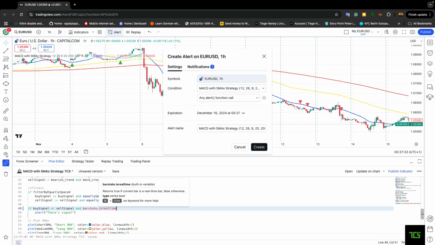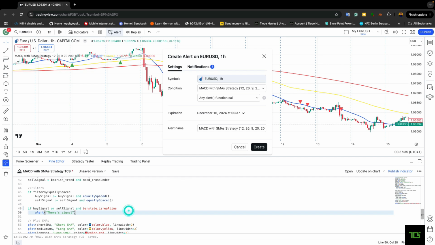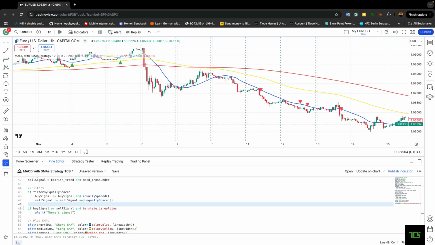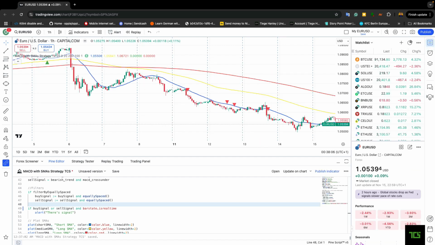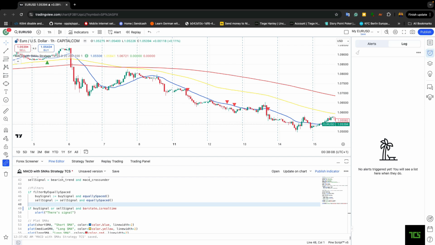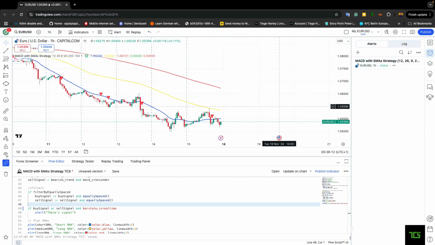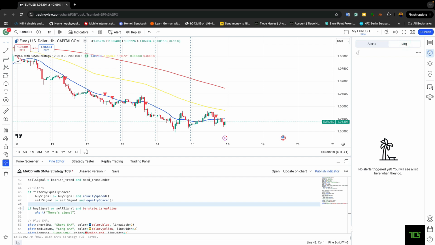We'll probably talk about this later on, but it doesn't really matter for now. The point is the alert can be created from here when there's a function call, which is this alert system, let me know, and create it. And you can see it from your alerts from here, right? Active. And whenever it happens, you get an email, you get a notification, whatever it is, you get it.